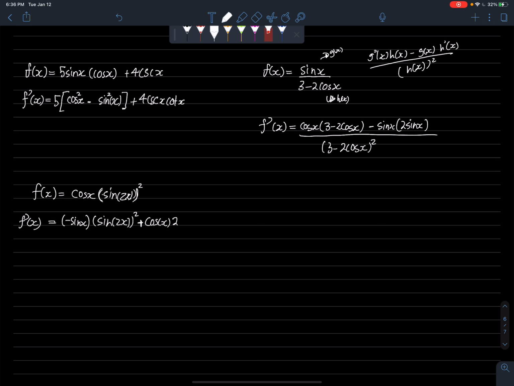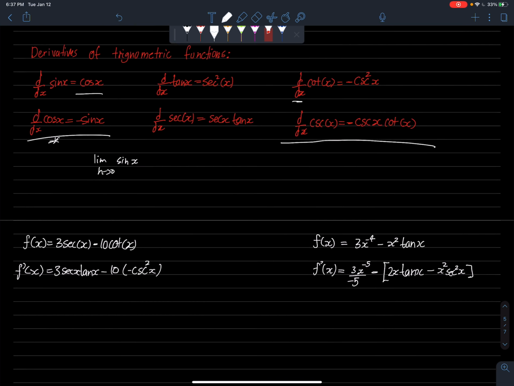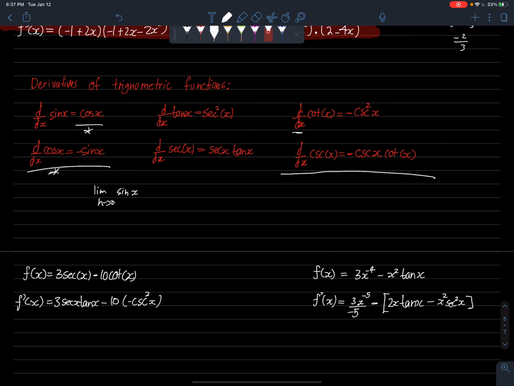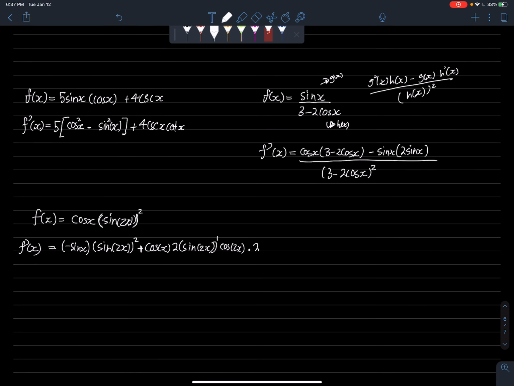So it's going to be 2 times sine 2x, the power subtracted by 1 so it becomes 1, times the derivative of the sine 2x, which becomes cos 2x, times the derivative of the inside, the derivative of 2x, which is just 2. And that would be the answer.